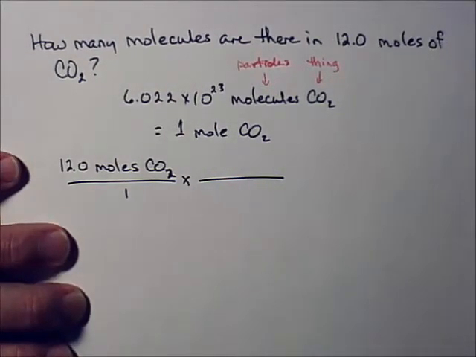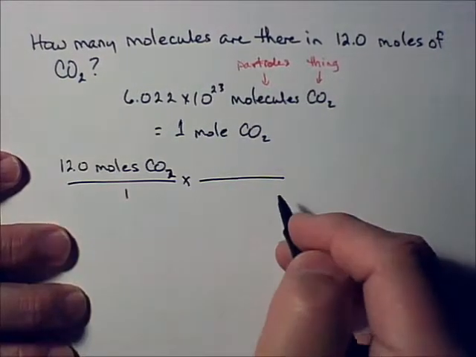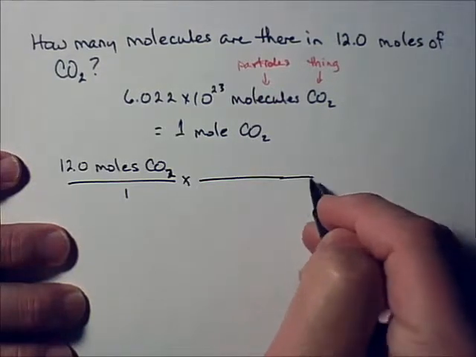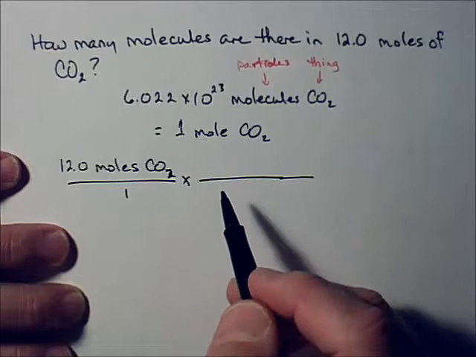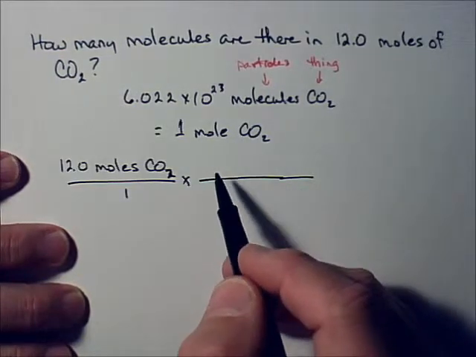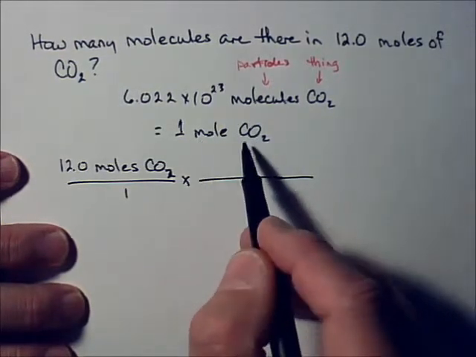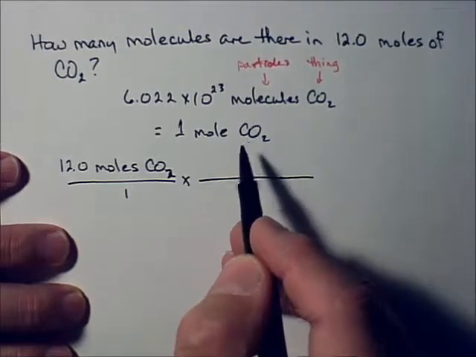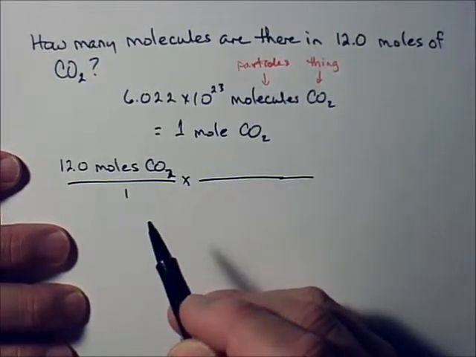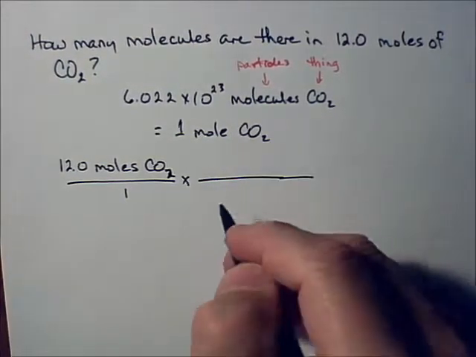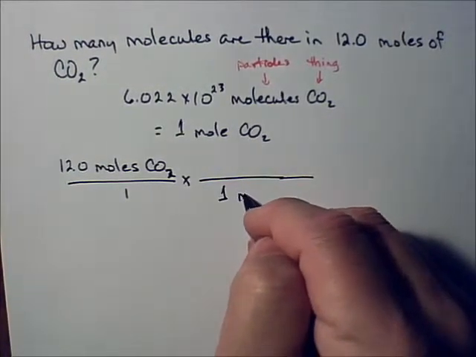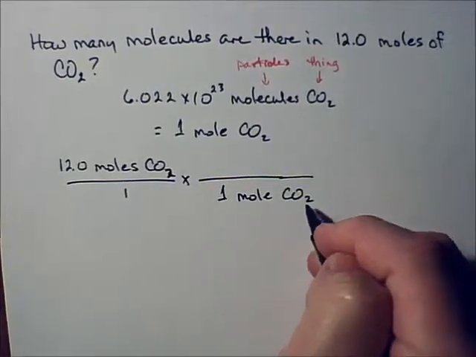So then how do we go about building a conversion unit? What do we do? Okay, got to have CO2 on the bottom. Moles of CO2 goes to the bottom because moles on the bottom, moles on the top, cancel it out.